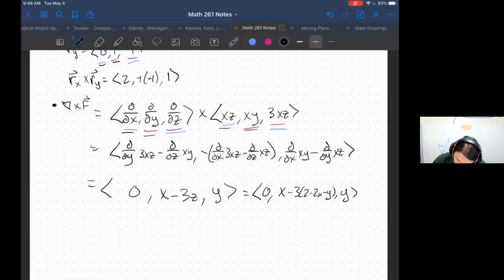Comma y, and a bit of simplification. We get 0, sorry, we get a 7x plus 3y minus 6, comma y.